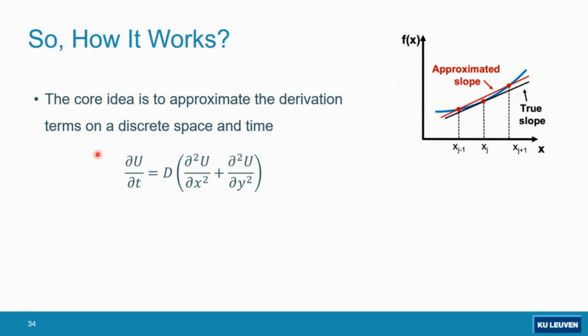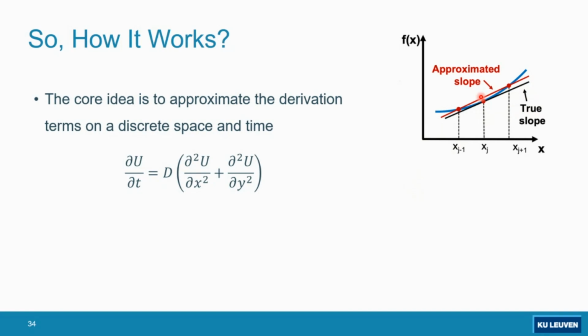For example, imagine that we have the derivative with respect to time, or with respect to x, even of second order, third order, or first order. So the slope is this black line. This is the true slope, the exact slope.